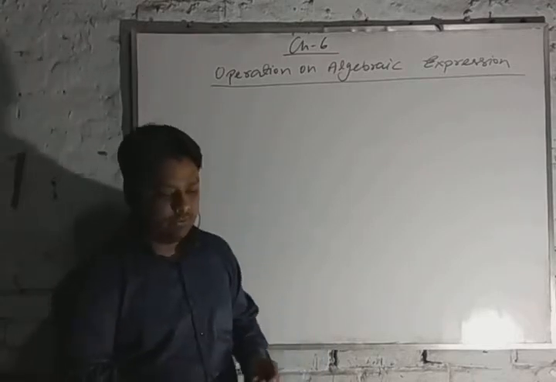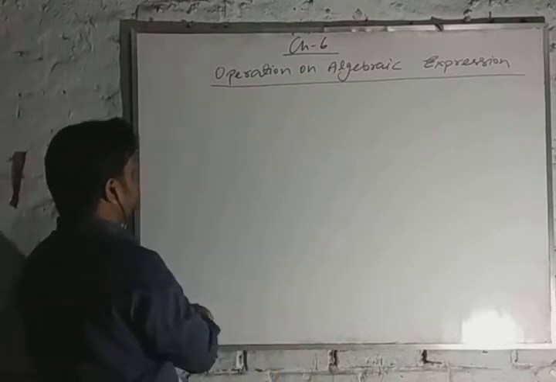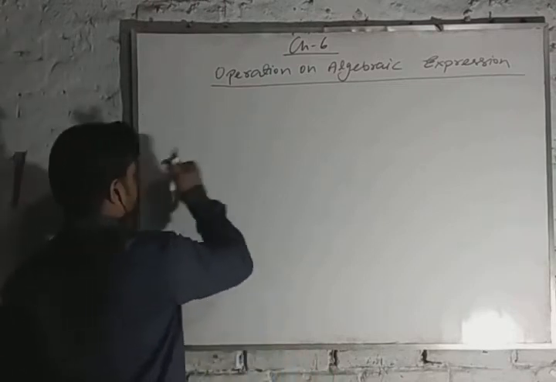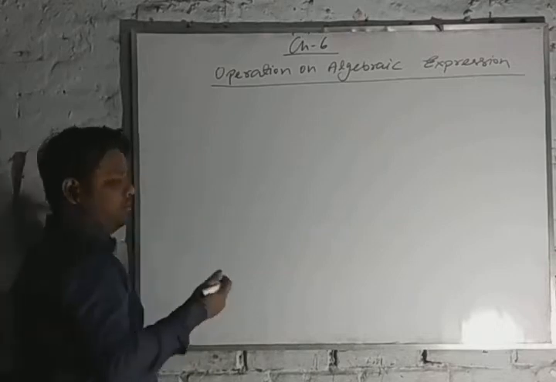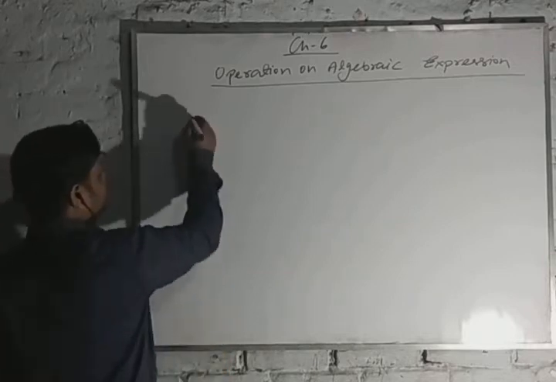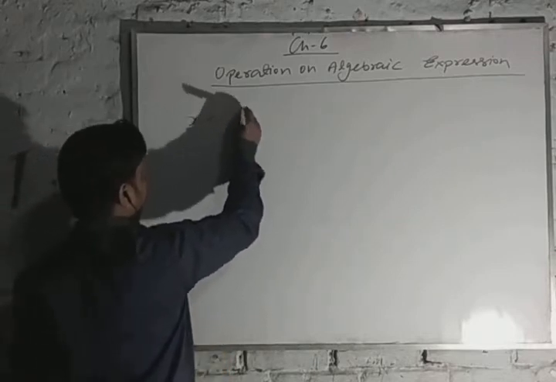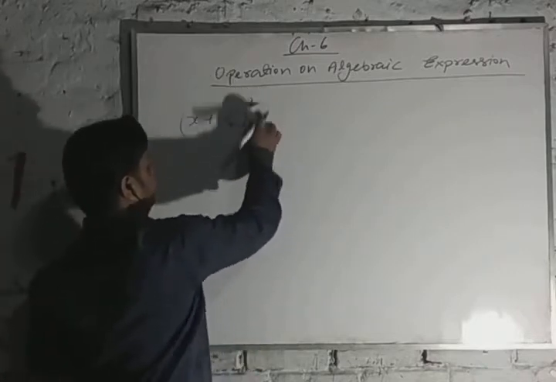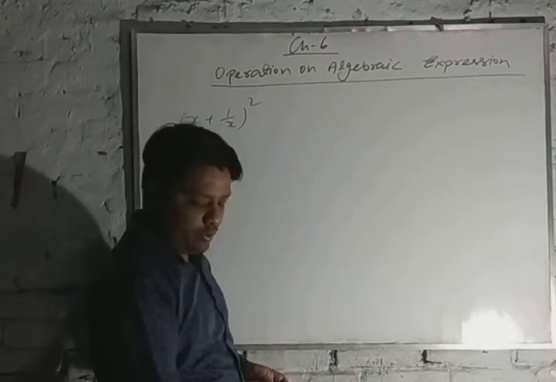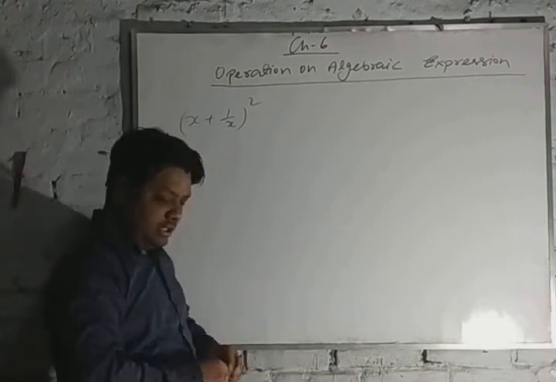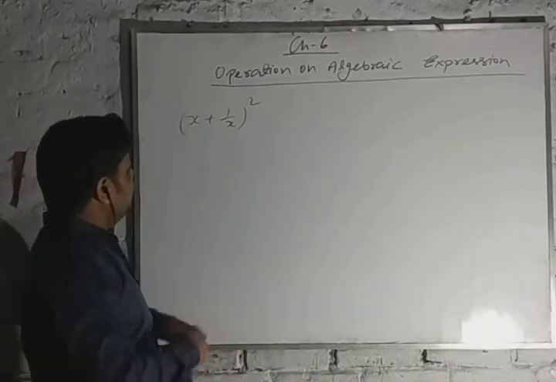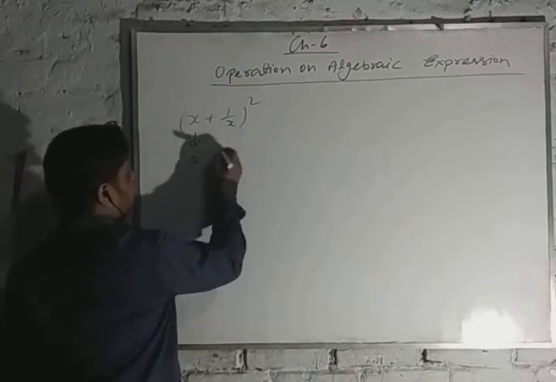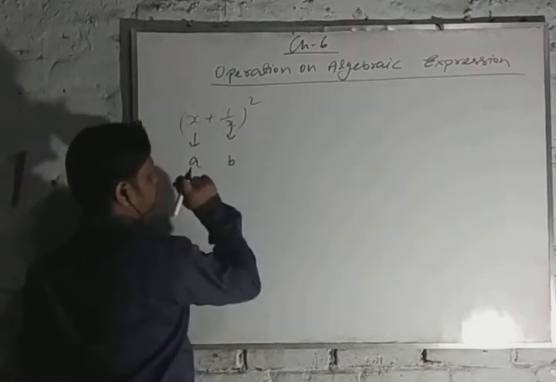So let's see. If the question is, at first I am making a formula. If the question is x plus 1 by x the whole square, here you can see that a is x and b is 1 by x.